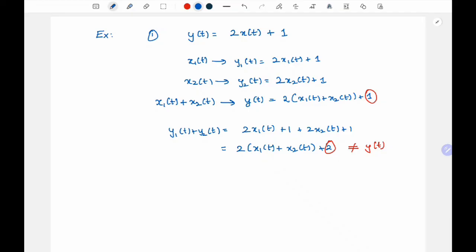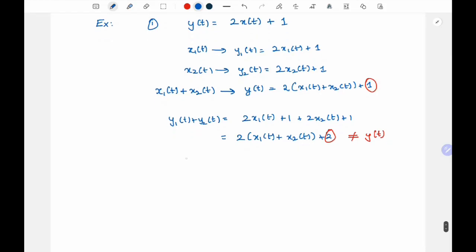So to prove that it is not linear, even if it does not satisfy any one of the conditions, then it is non-linear, right? So the system is non-linear. Correct?